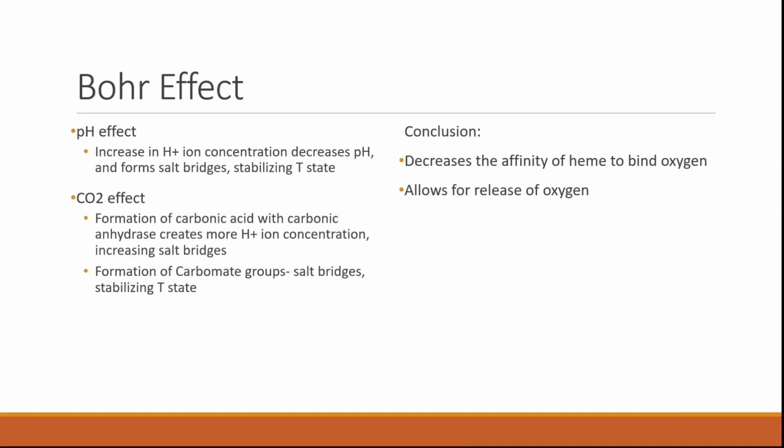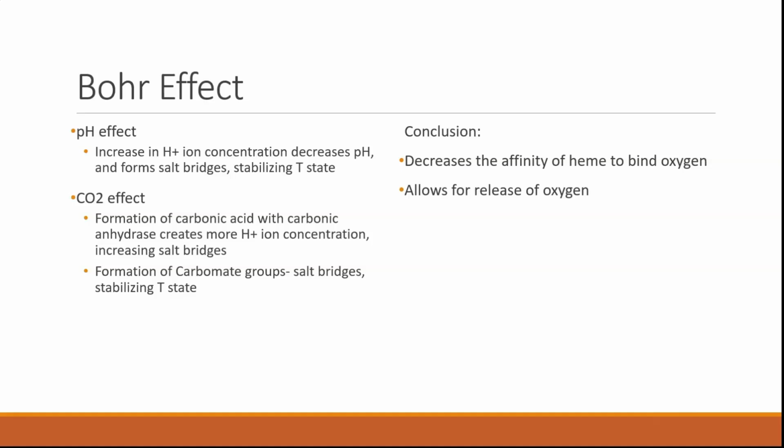What occurs with the Bohr effect is changes in pH and changes due to CO2 concentration. So as the concentration of hydrogen ions increases, that'll decrease our pH, and these histidine residues throughout the structure end up forming salt bridges due to this excess amount of ion concentration.